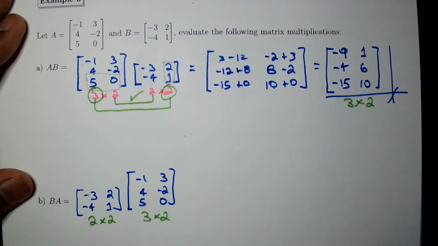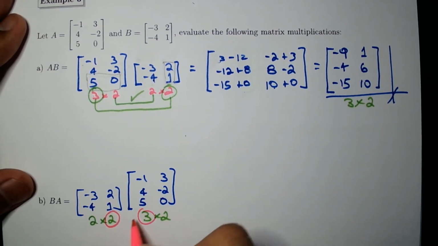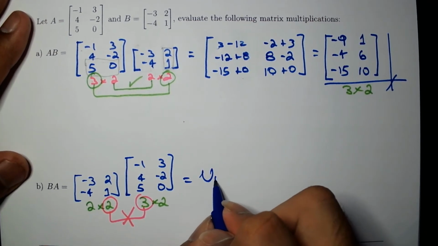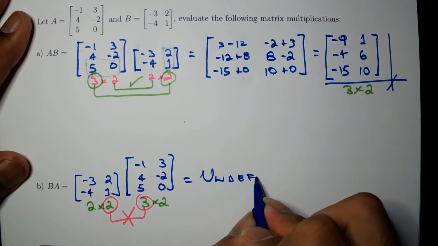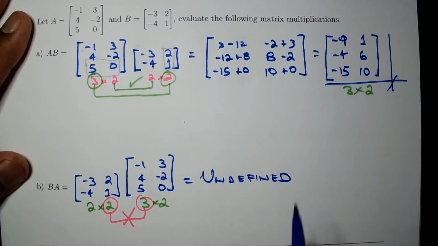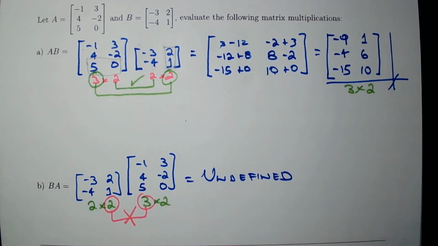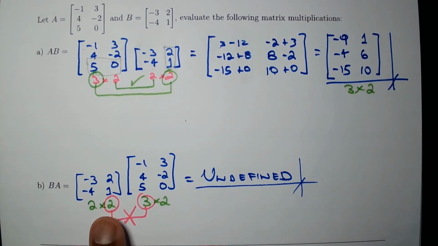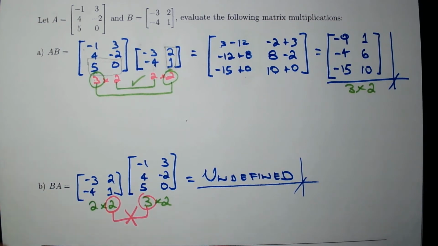Now, if we look at this, these two numbers are not the same. And for this reason, this product is undefined. All right. So these two again have to match.